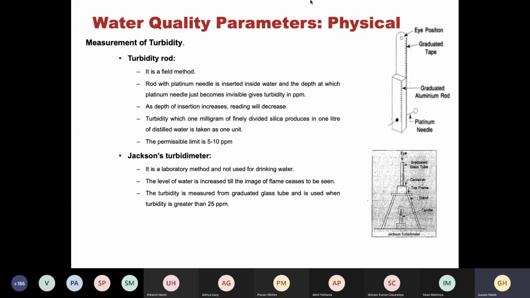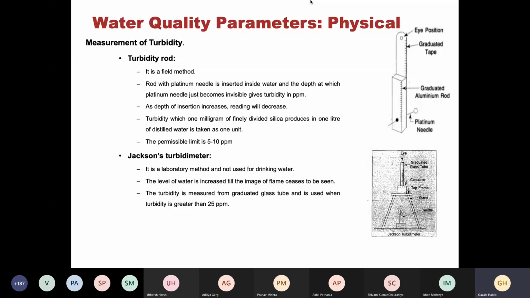This scale is graduated by measuring the turbidity of water with a given amount of salt. Generally, turbidity which 1 milligram of finely divided silica produces in 1 liter of distilled water is taken as 1 unit.